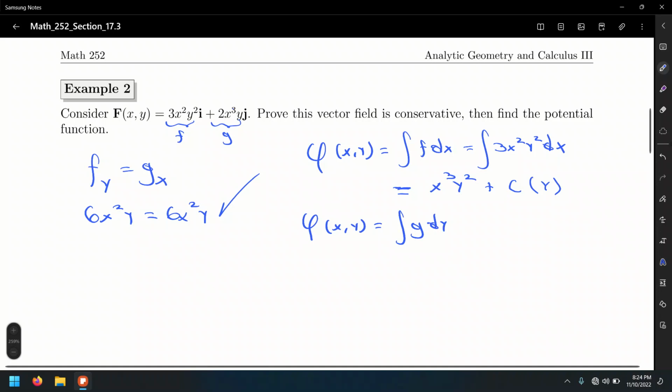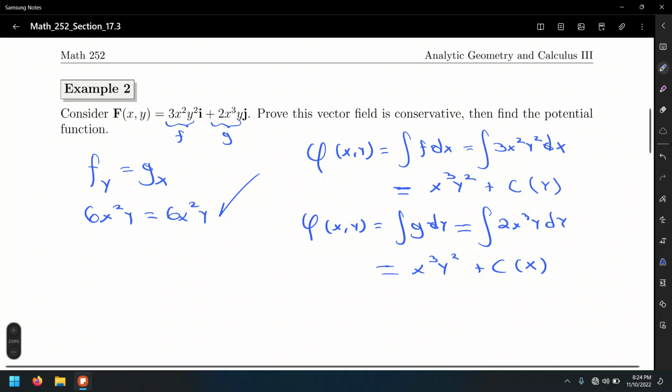And that's the integral of 2x cubed y dy, and the integral of this with respect to y is x cubed y squared plus c of y. Oh, c of x in this case, because since we integrated with respect to y, that constant depends on the other variable x.